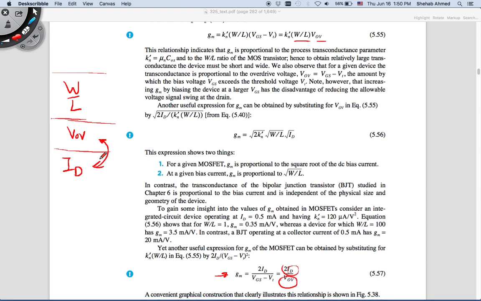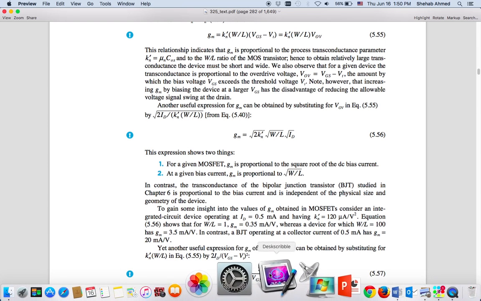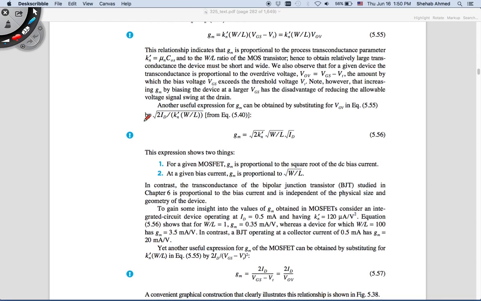Right? So this is just talking about the effect of device design on the gain. So basically, the conclusion of this page is the fact that the MOSFET gain GM depends on device size.